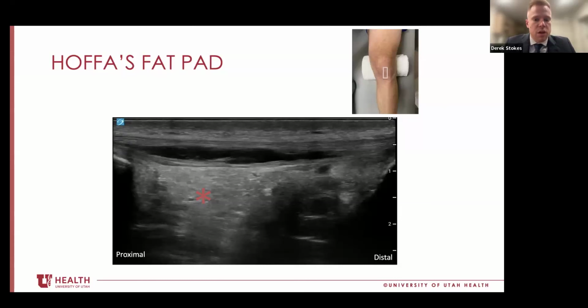Hoffa's fat pad in general is already vascular, so in order to support your clinical impression, you do need to compare to the contralateral side and get an idea of how much vascularity is present on this person normally versus the affected side. In this case, his Hoffa's fat pad was completely normal.